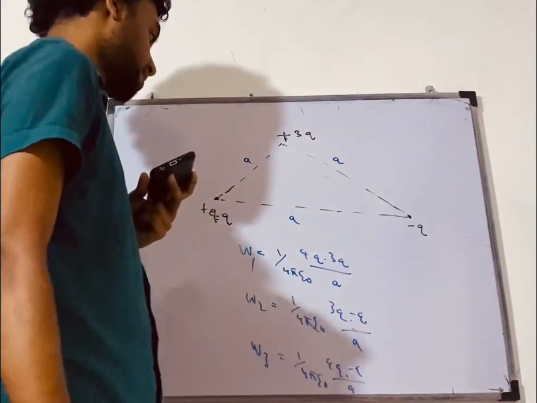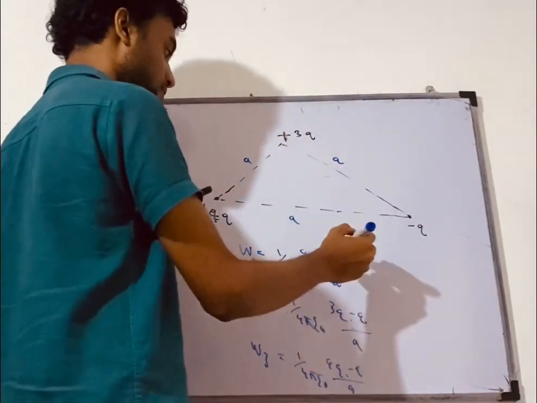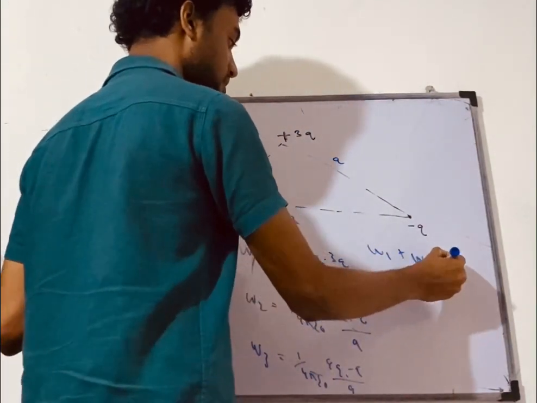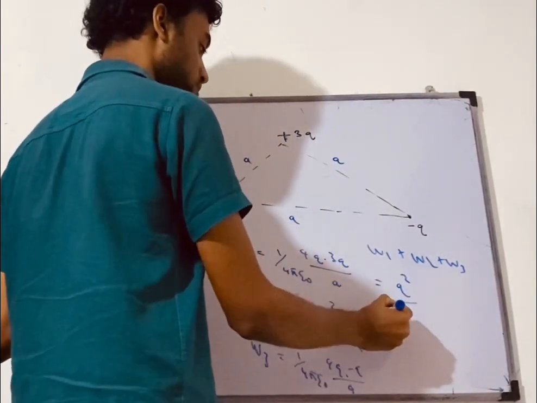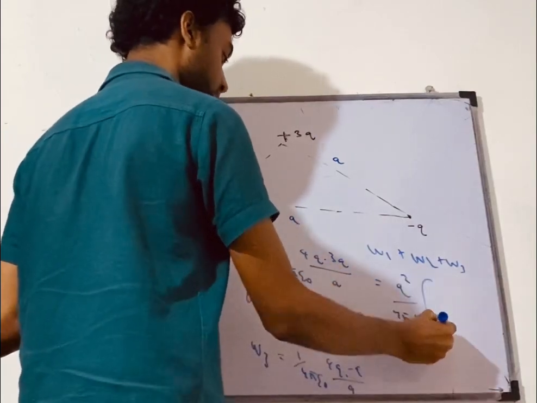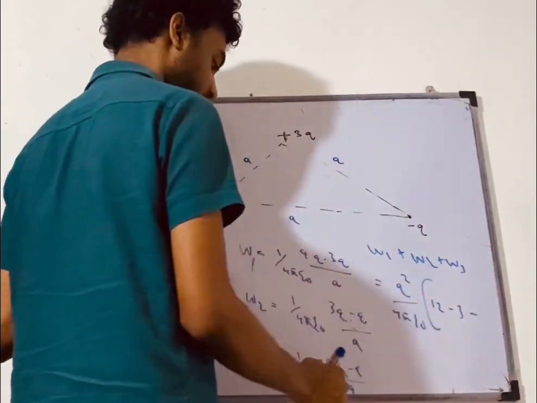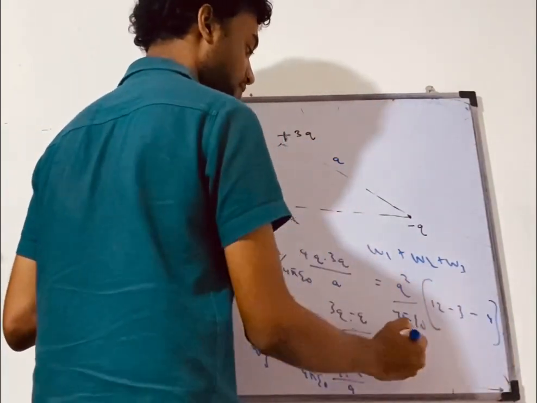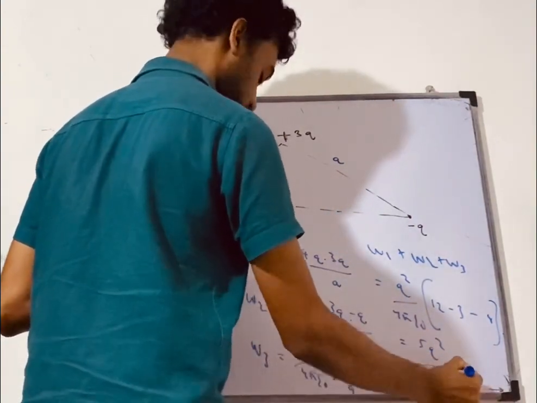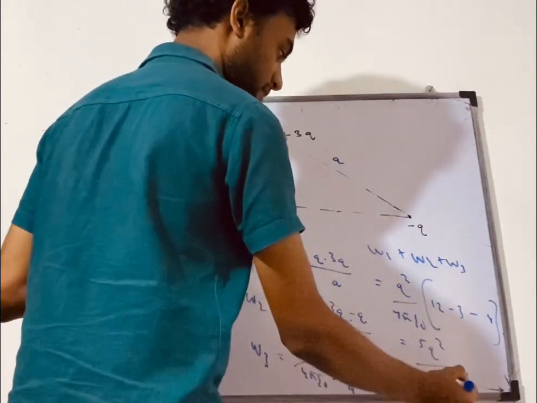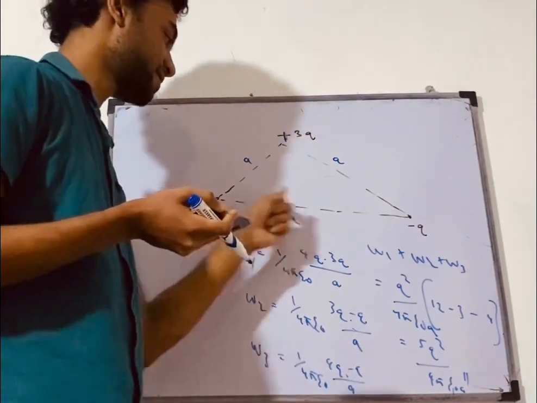So I can take Q squared over 4 pi epsilon naught out, and I'm adding W1 plus W2 plus W3. So I get Q squared over 4 pi epsilon naught is out, and then here I have 12 minus 3 minus 4, which gives 5Q squared over 4 pi epsilon naught times A. The length A is also common, right?